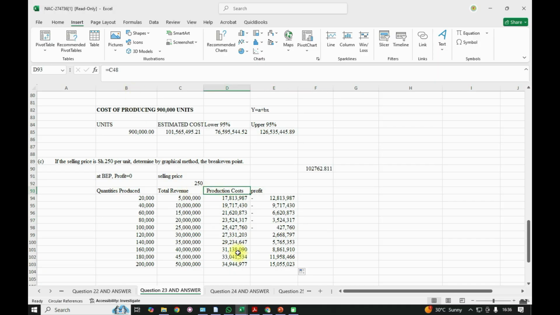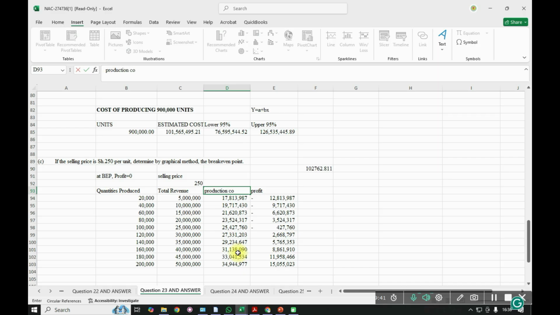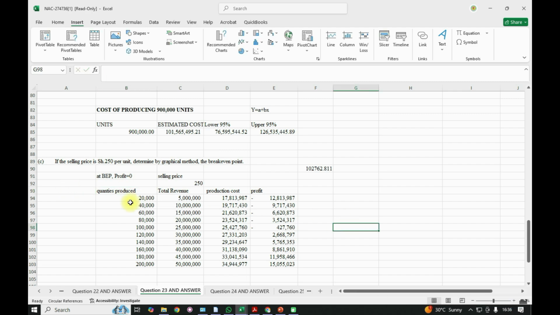So this production cost, and this one is quantities produced, that way.